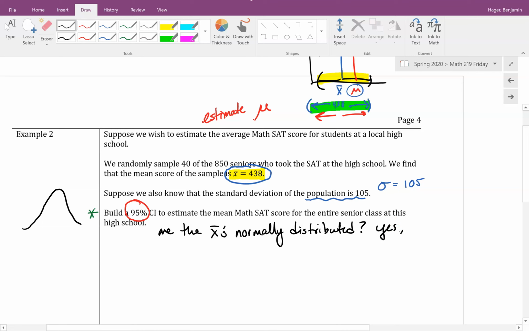How come? Because we know that if I take a bunch of sample means under the right conditions, they're going to be normally distributed. Did we meet those conditions? We did, because our sample size is big enough. Since n is 40, which is bigger than 30, all we have to do is take at least 30 folks, and then our sample means will be normally distributed.